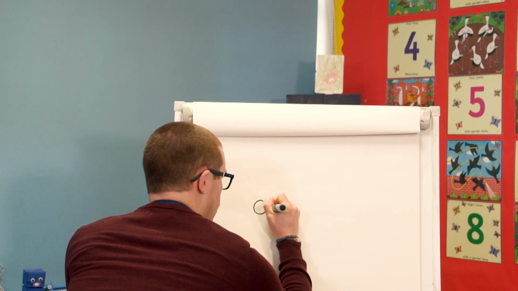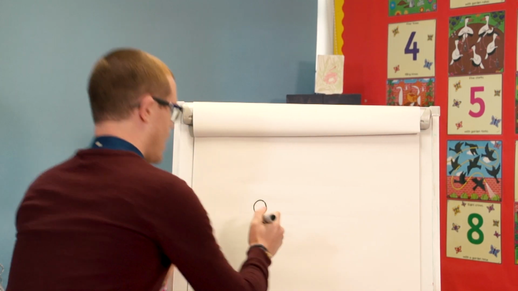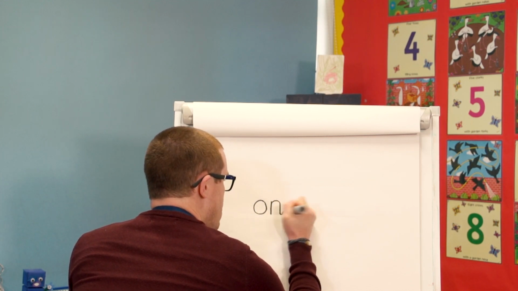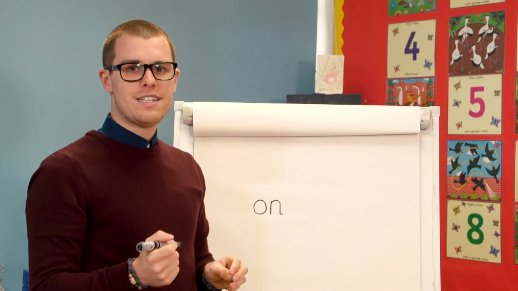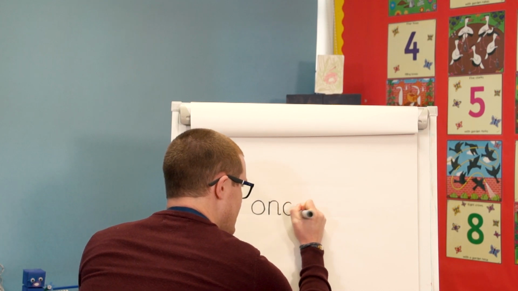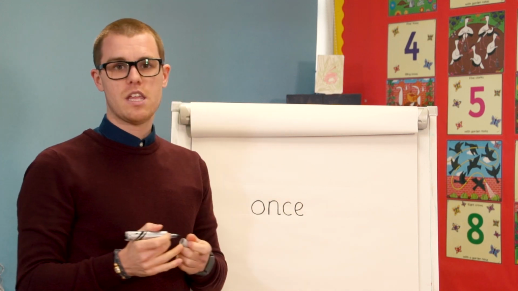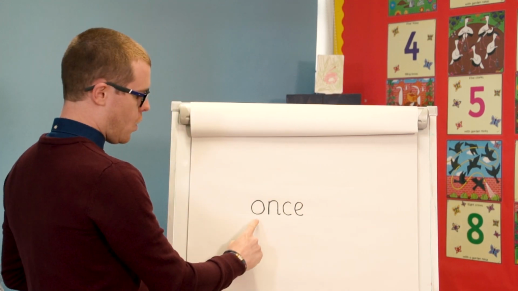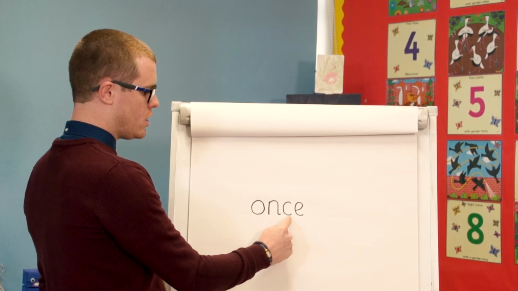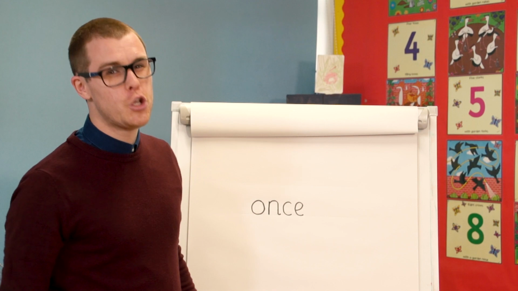The letter o says w. Then we have u, n, and the end bit is tricky too. The letters c and e say s. Once. w, u, n, s. It has 4 sounds and 2 tricky bits.